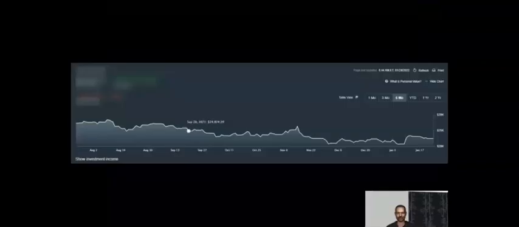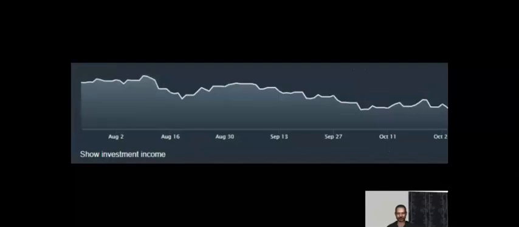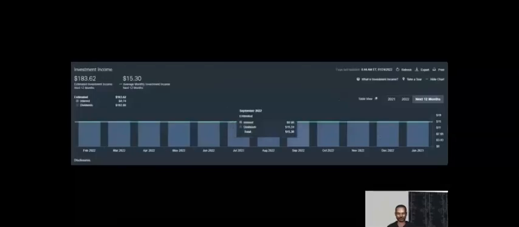So back on Charles Schwab, I'm going to hover over accounts again and go to summary. Once it brings up the summary page, right down here on the bottom left, I'm going to click on show investment income. And if we remember, we came out to $15.24. It says $15.30.